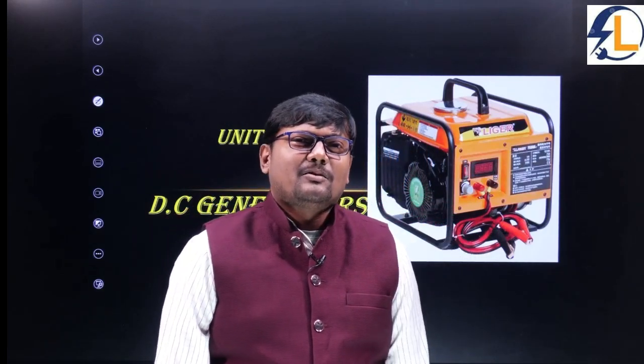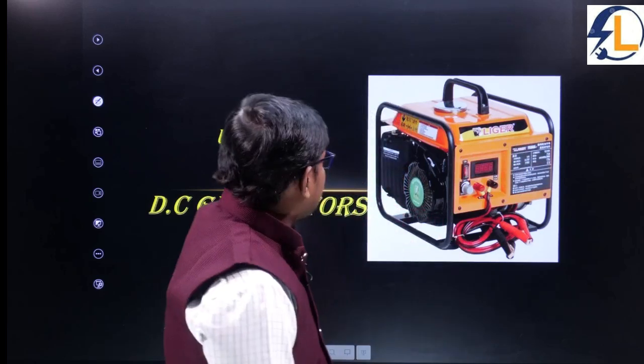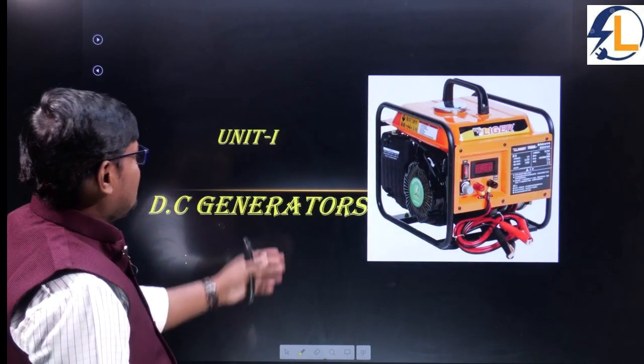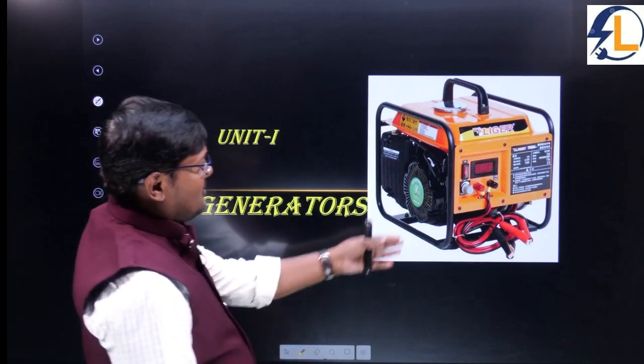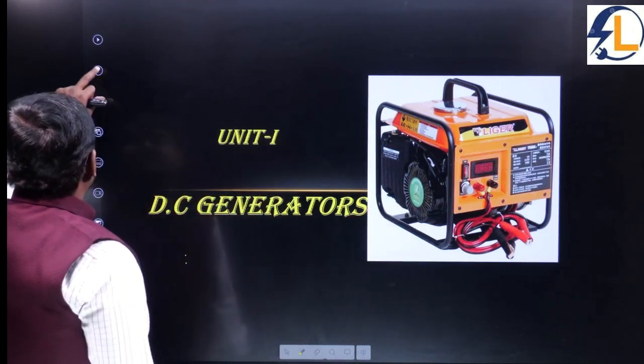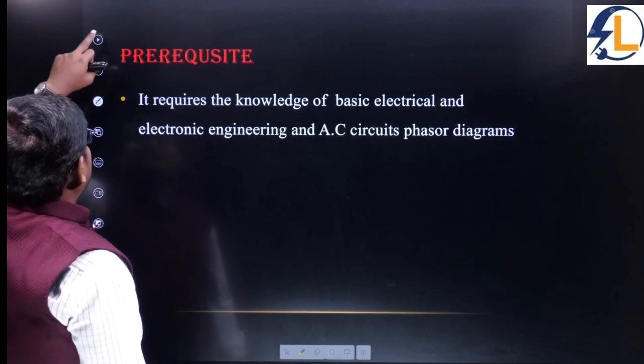In the previous session, we discussed induction motors and the principle of operation of DC generators. Now, this is about the DC generator, how it is there in this diagram.